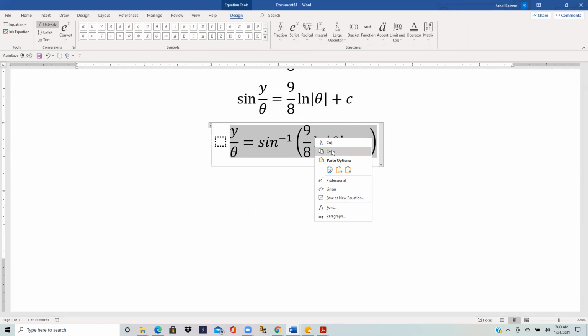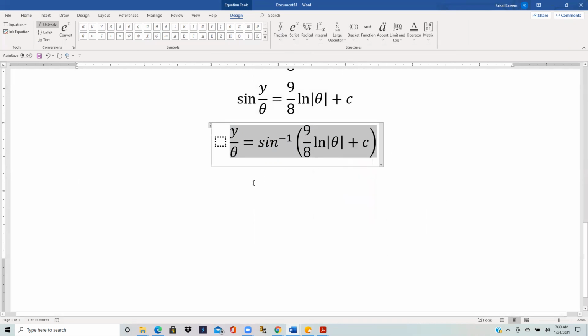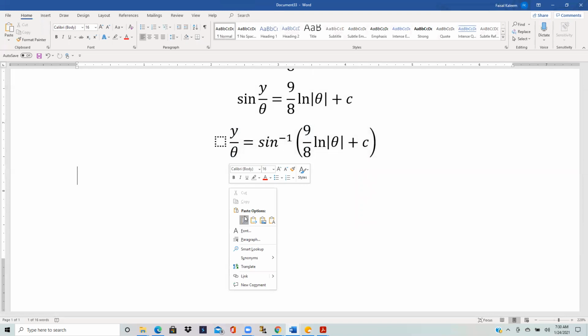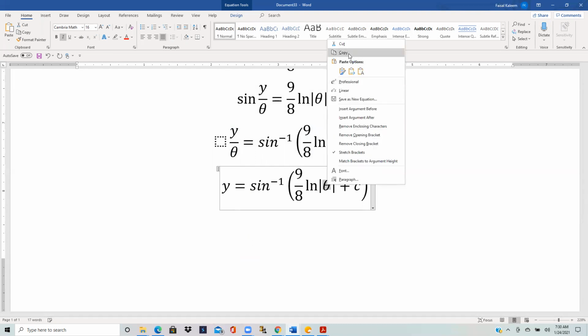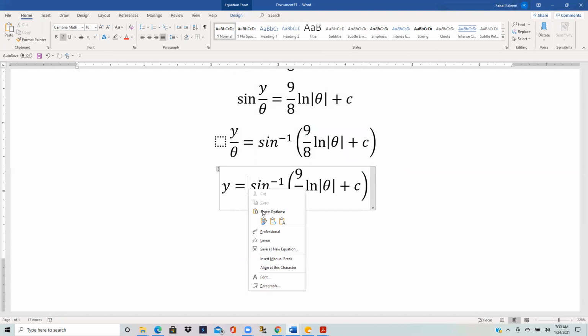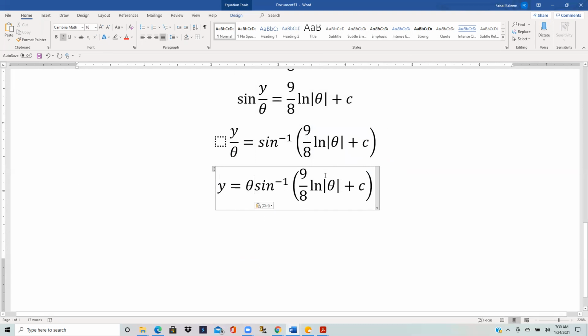And that means you multiply by theta on both sides. So y will be equal to theta sine inverse of 9 over 8 ln theta plus c.